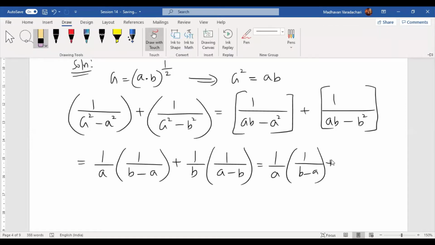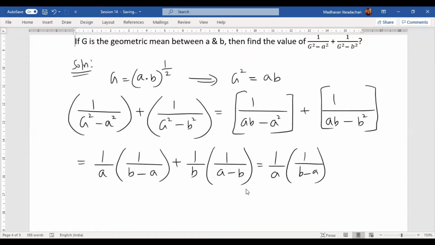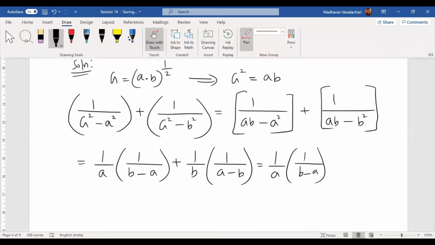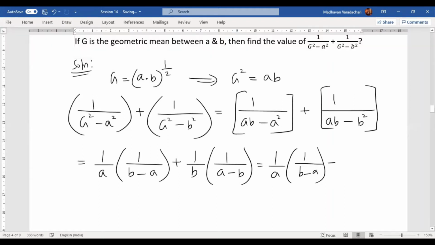instead of writing plus, what I am going to do now is, if I take this negative sign outside, it will become minus, right? Why I am doing that? I will tell you why. 1 by B. I am going to change the signs here because I took negative sign outside. So what will happen is it will become B minus A here. Why?